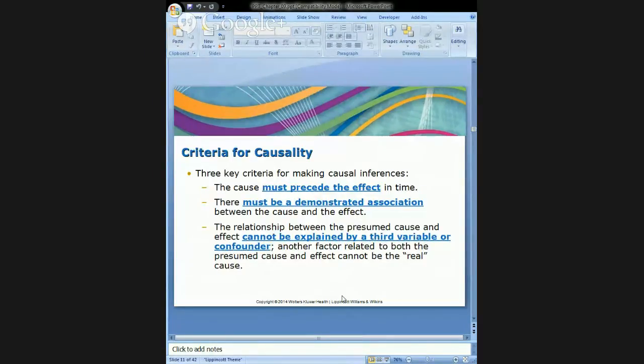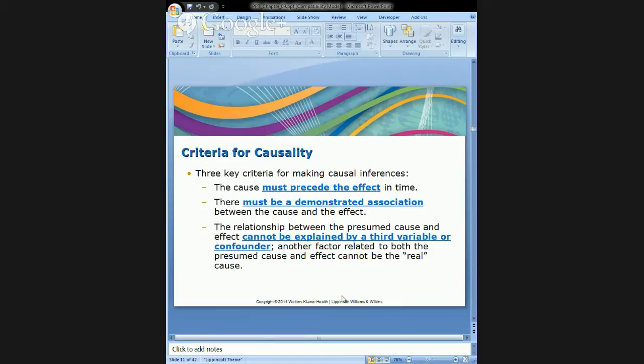That means that the cause or the independent variable or the intervention, whatever it is that we're manipulating, happens before the outcome. We can't introduce the intervention after the outcomes happen and then say that it causes it.